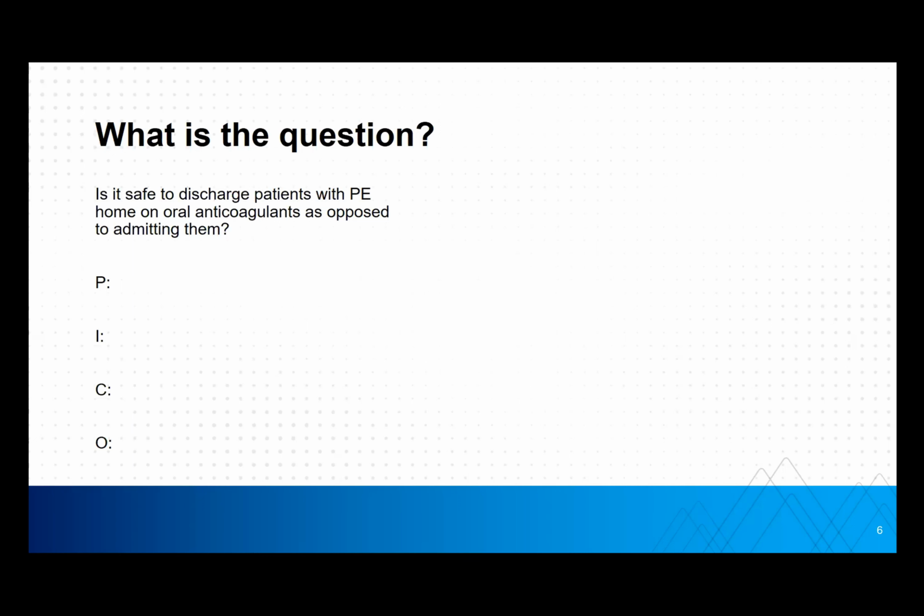So Lanice is saying patients with PE. Yeah, exactly. That's 100% correct. It's patients with PE. And now, not intentionally meant to be tricky, but the trickier aspect of this question is, what's the intervention we're interested in?